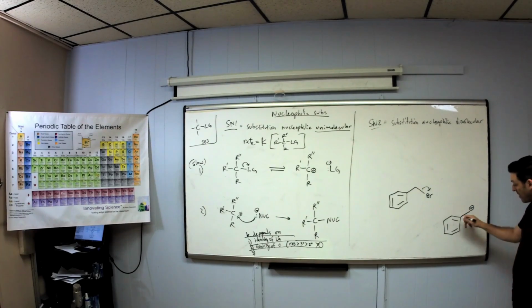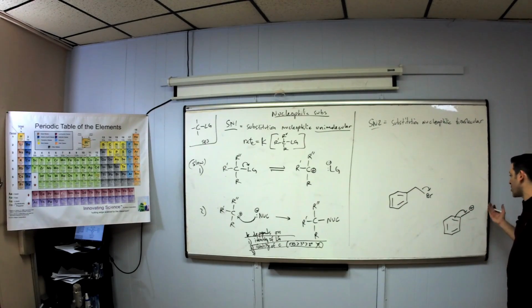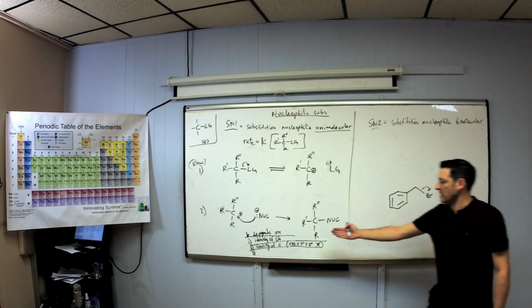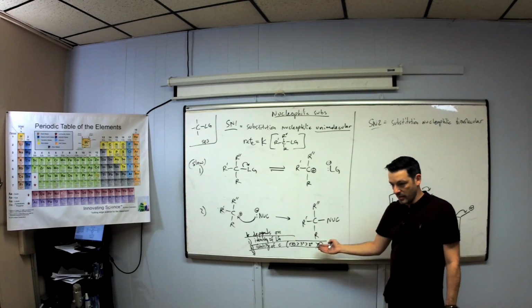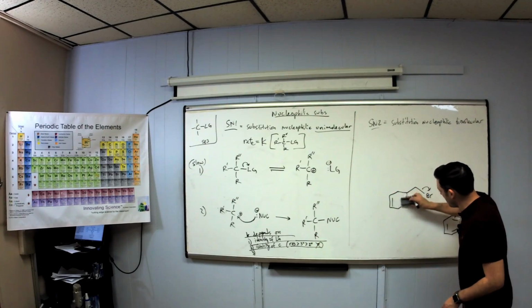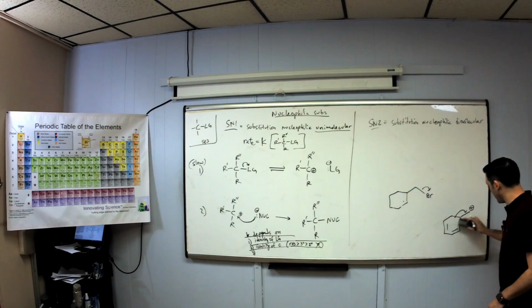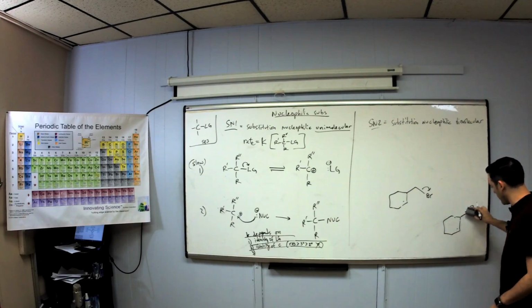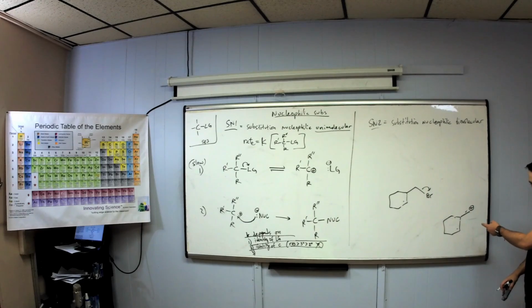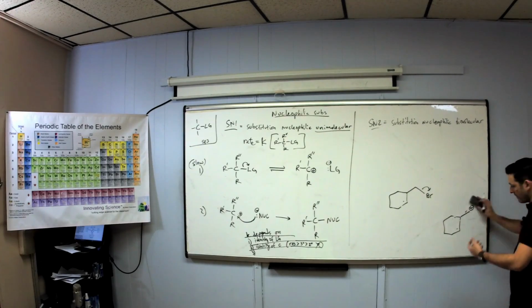Notice it looks like it's primary, but do you see there's resonance that's able to be done? So that is actually going to work amazingly because resonance is even better than tertiary, right? If I take away these bonds, you're not getting anything here. There will not be an Sn1 reaction because you can't make a primary carbocation. Do you remember that?